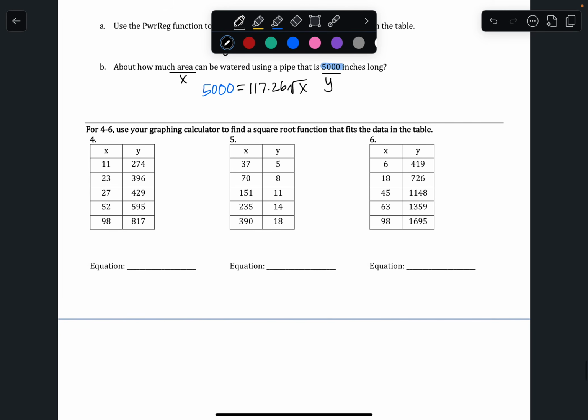And so to solve this, your first step is to divide by the 117.26, leaving me with square root of x equals that 5,000 divided by 117.26, and then we are ready to square both sides.